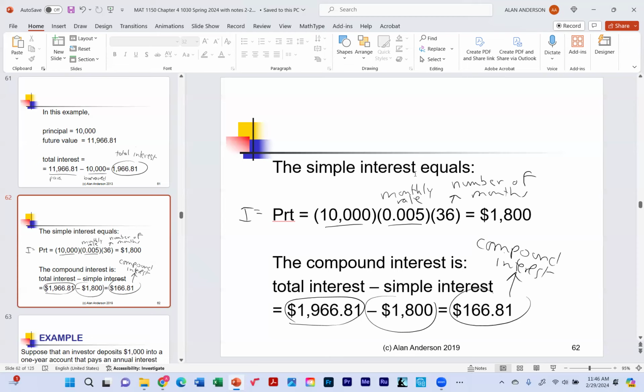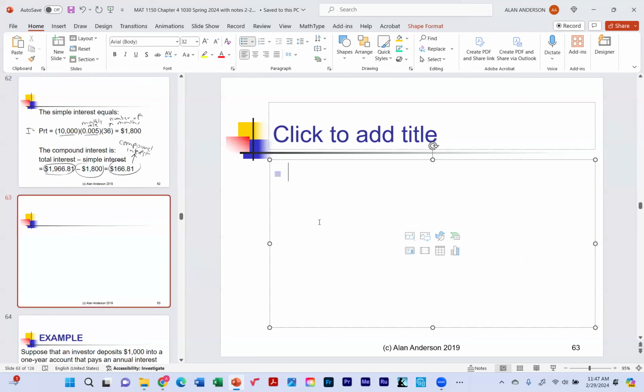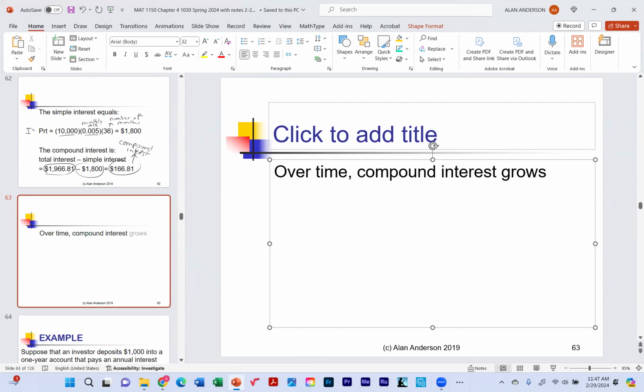Okay. So now what's interesting about this is that the simple interest was a lot larger than the compound interest. That's because it's only a 3-year loan. Okay, I just want to mention this. Over time, compound interest grows much more quickly than simple interest.